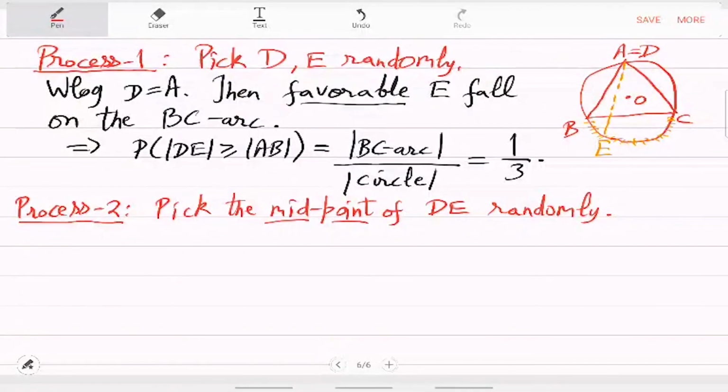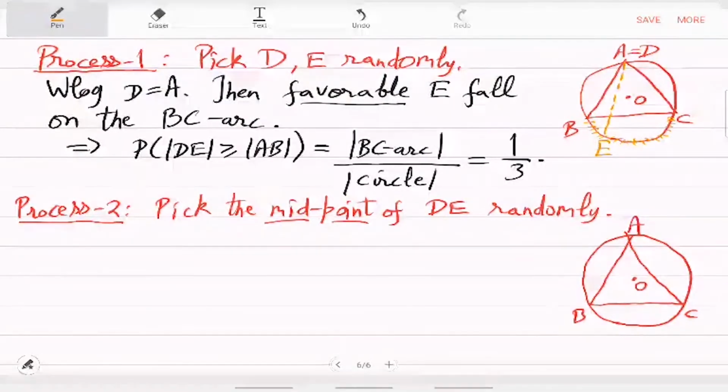So, then what happens? What are the favorable possibilities from that point of view? In this case, I leave it as an exercise that this inscribed circle, so what is the radius of this circle? So, the radius is half.